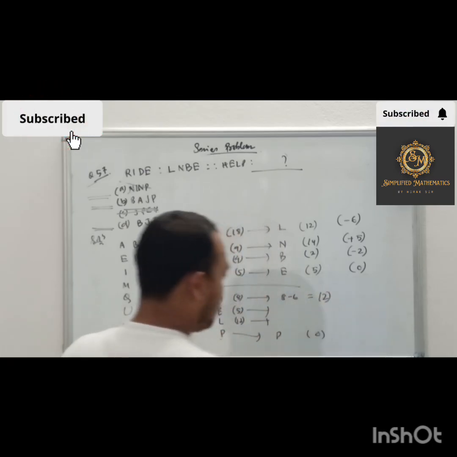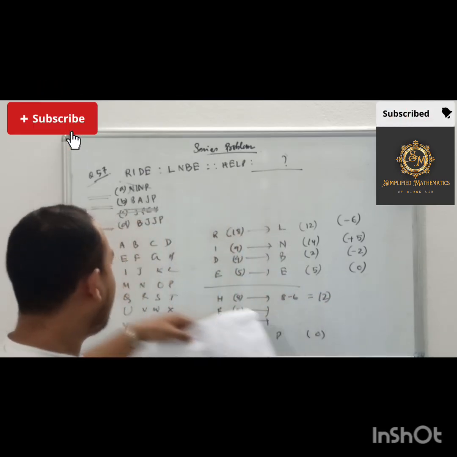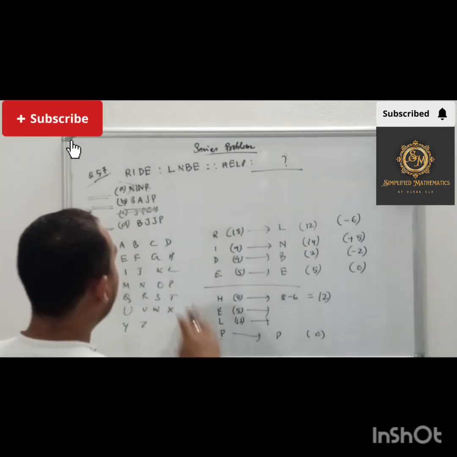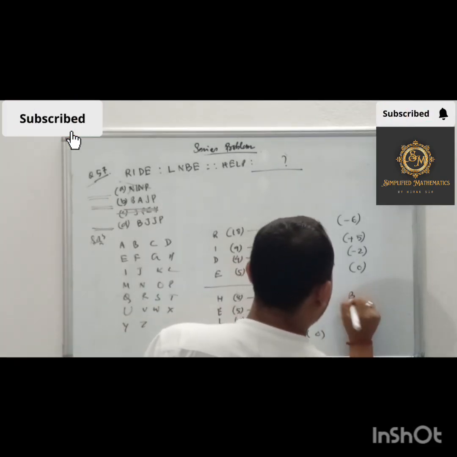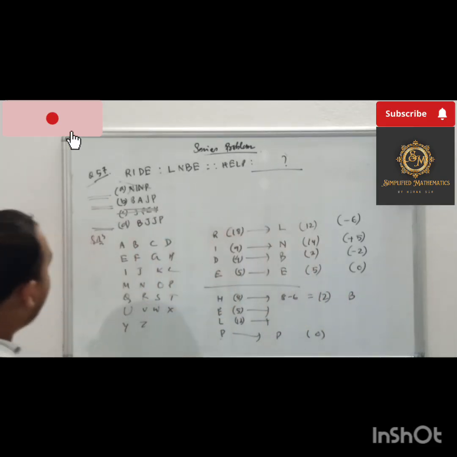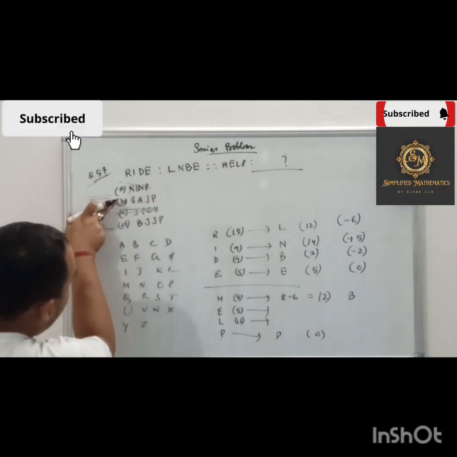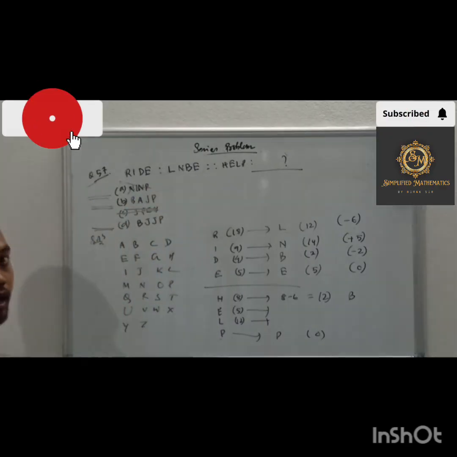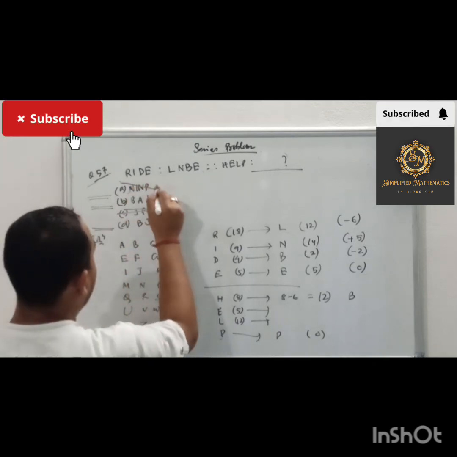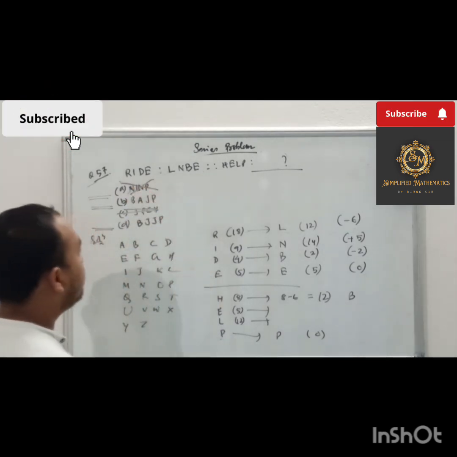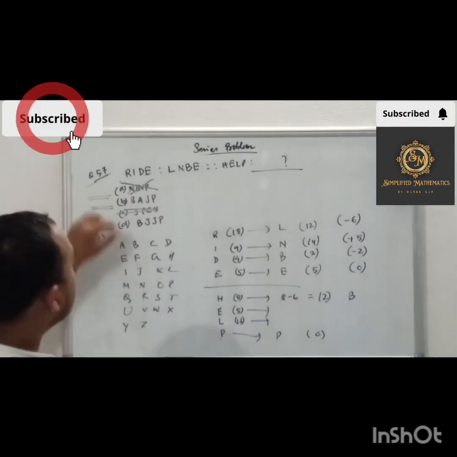Position wise, second position should be B. To be a B, you see this B and D may be the correct options. In that case this cannot be your answer. So that means there are only two positions left.